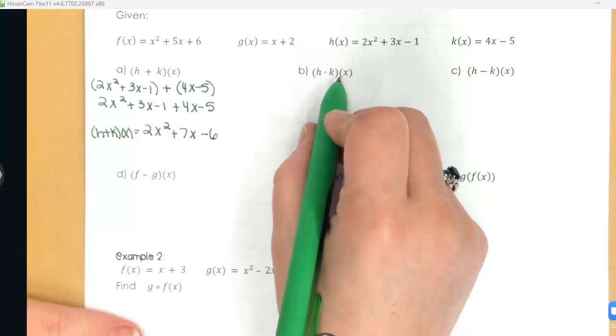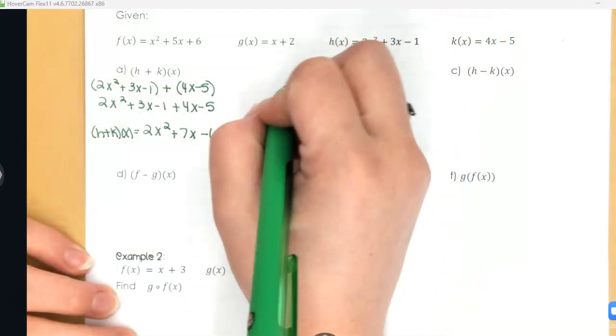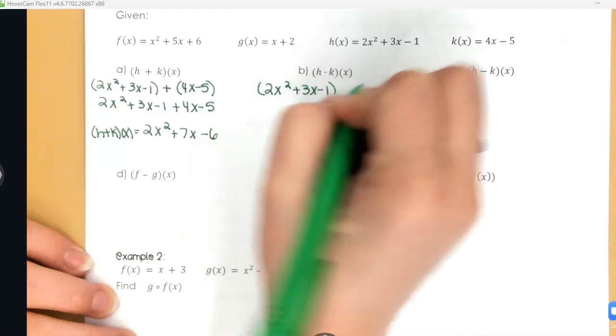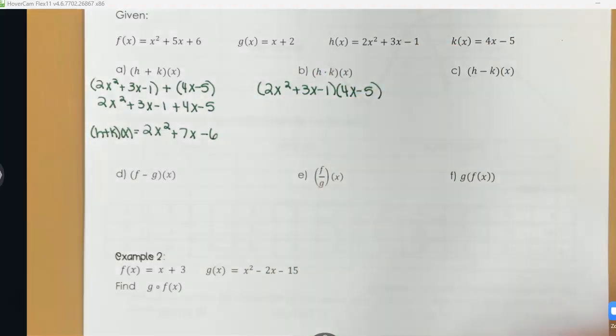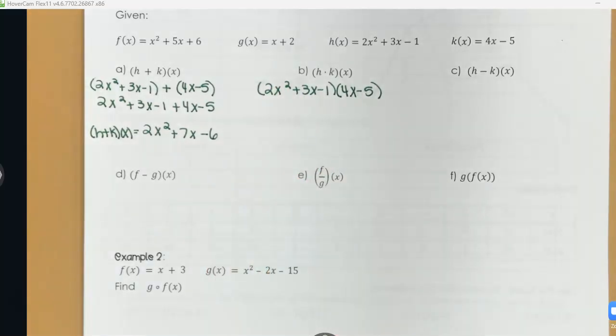The next one wants me to do the product of h and k, so I'm going to take h of x, which is 2x squared plus 3x minus 1, and multiply that by k, which is 4x minus 5. And I'm multiplying a trinomial and a binomial, which means I'm going to be doing multiplication 6 times.